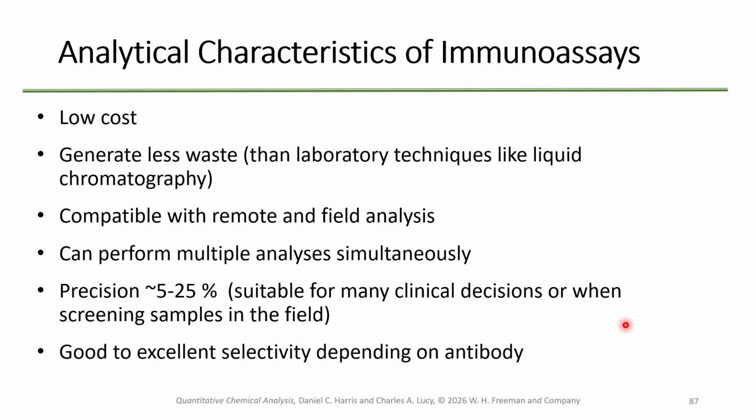They have good to excellent selectivity depending on your antibody. These things can have amazing selectivity. In fact, many times you'll see these analytical immunoassays done alongside traditional techniques just for their selectivity, because they can do a great job with things like masking, all sorts of the other parts of the techniques I've been talking about, right?